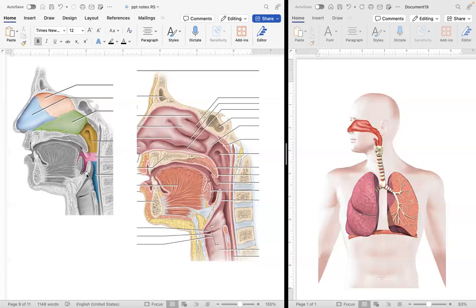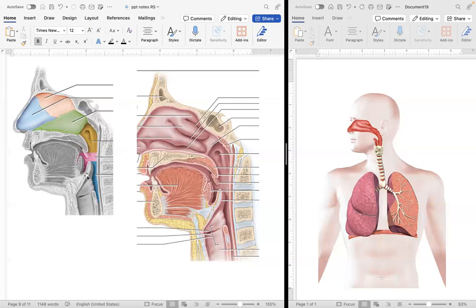And epiglottis moves and opens the esophagus for food to be processed from the mouth further down into the stomach. And epiglottis helps us to prevent choking when we eat, generally speaking.